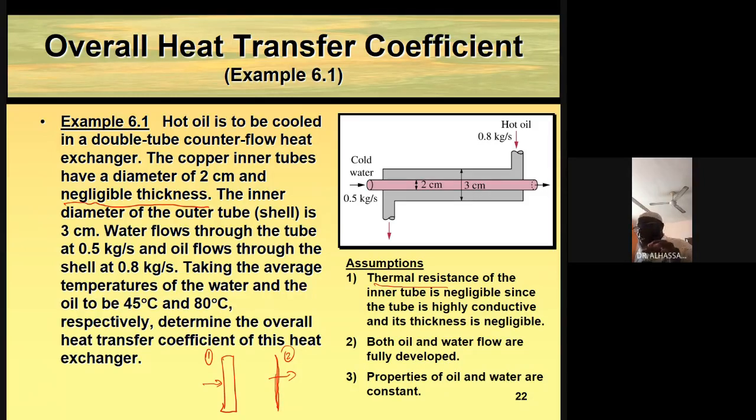In that case, the outer diameter is almost equal to the inner diameter. You understand me? So you have to be careful when you have a heat exchanger. Maybe in the next class, we'll discuss some questions related to this.